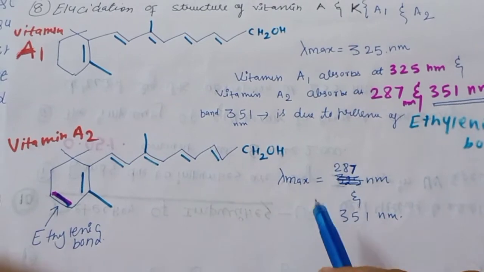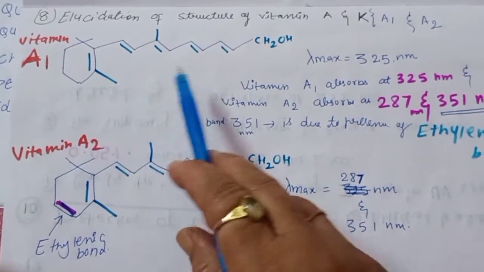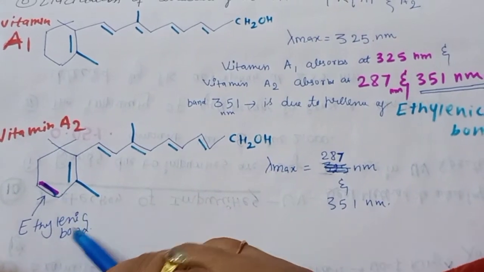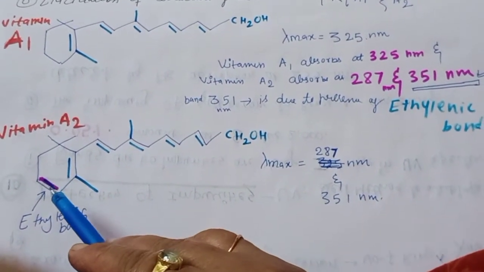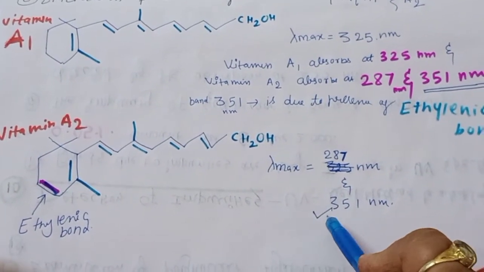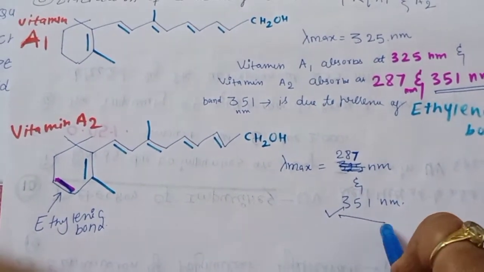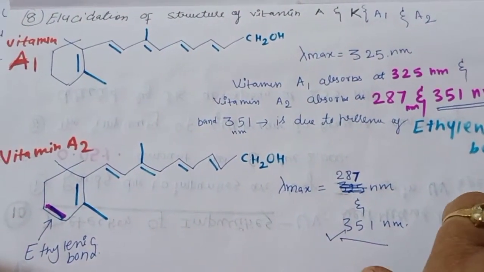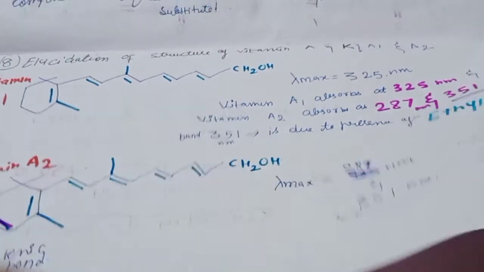Why these extra values? Because in the structure of vitamin A2 there is one extra ethylenic bond. Because of the presence of this ethylenic bond, there is one separate value, 351, that you will get for vitamin A2. So we can easily elucidate the structures of the vitamins with the help of our UV spectrum.